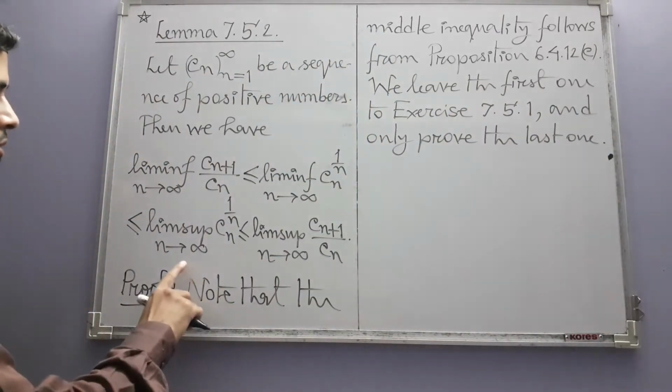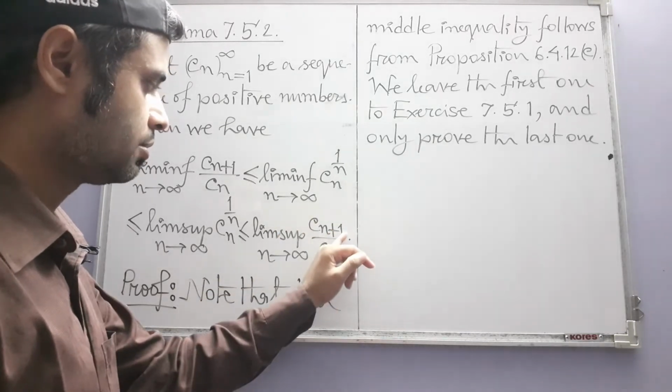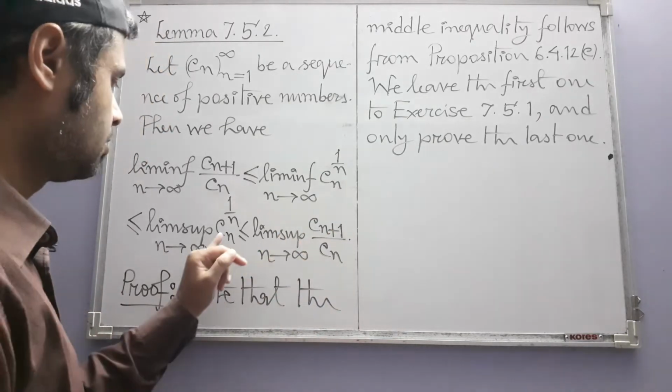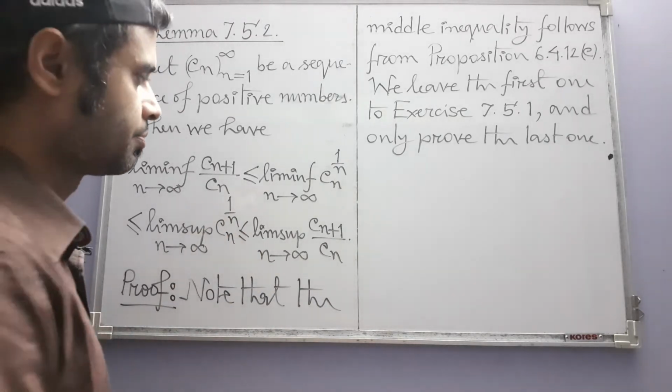So that means we are now trying to show that the upper limit of these ratios is greater than or equal to the upper limit of these roots. Okay.